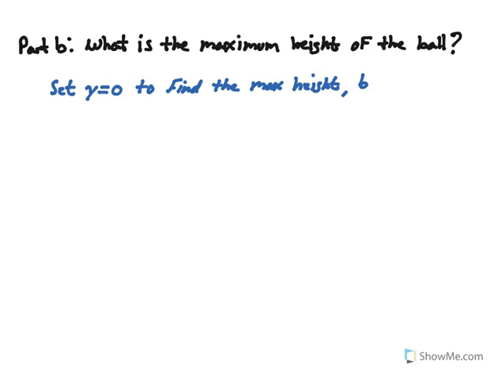The reason is that we need to consider the height at the end, which will be 0 feet. That's going to determine how the problem is set up initially, so keep that in mind.